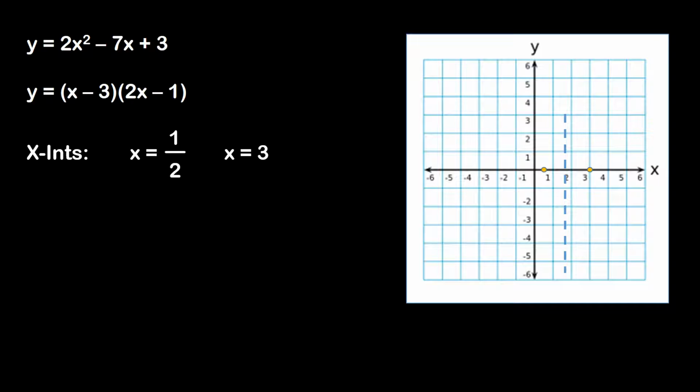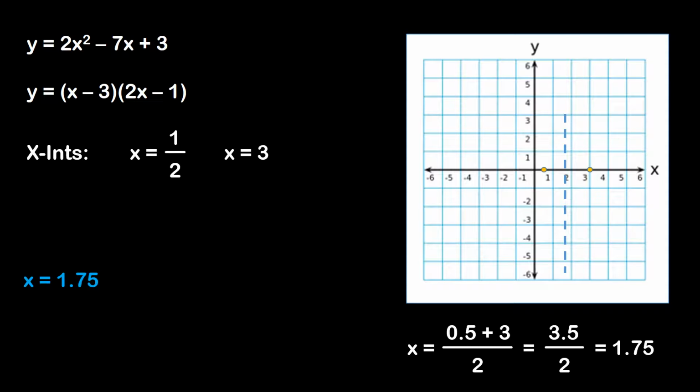So we can take 1/2, or 0.5, plus 3 and divide that by 2. So we're summing the two values and dividing that by the number of values. That is how we would calculate an average, and we would have 3.5 divided by 2, or 1.75. So we have that the vertex is located at x is equal to 1.75.